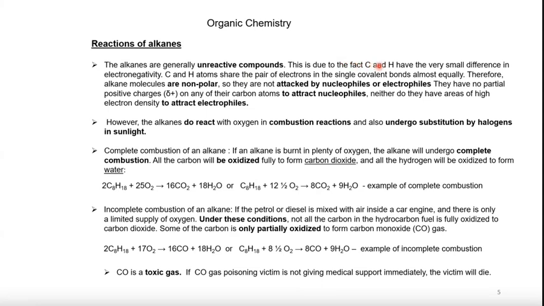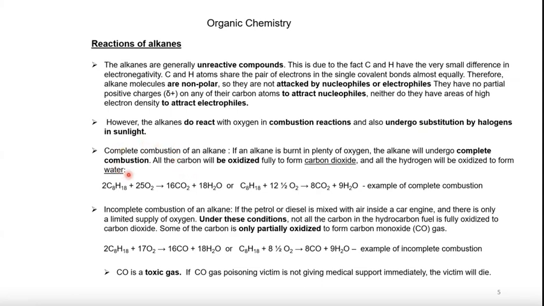Carbon and hydrogen have very little electronegativity difference, so they are not polar and are not attacked by nucleophiles or electrophiles, because they have no positive charge like this. However, alkanes do react with oxygen, that is a combustion reaction, when we burn an alkane, and undergo substitution by halogens in sunlight. So we get combustion reactions and also substitution reactions in alkanes.